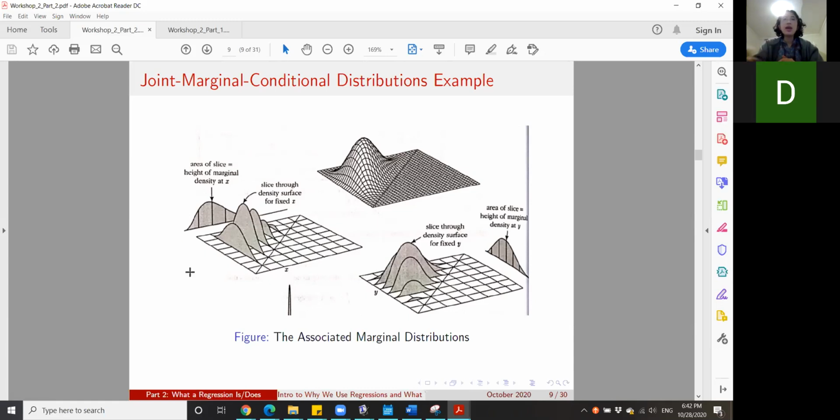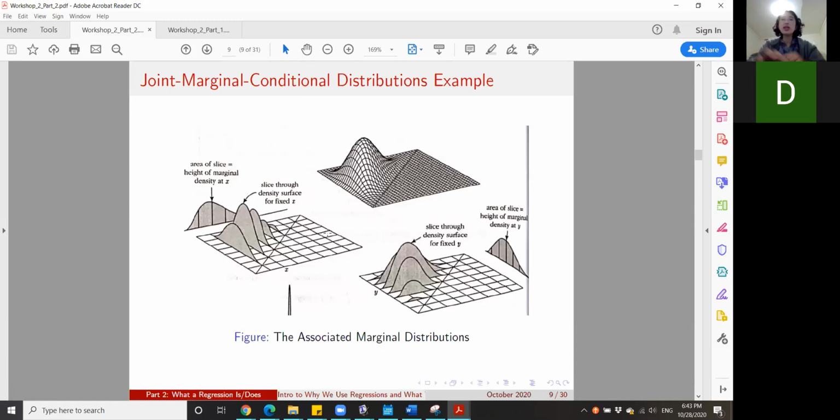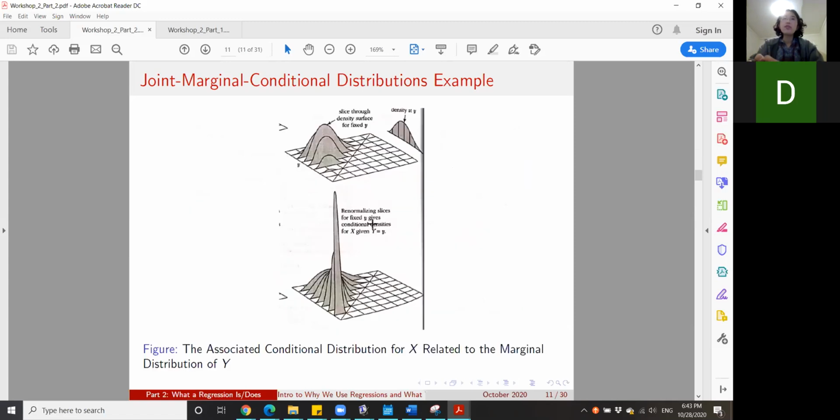Now, to connect this back to conditional densities, you take these slices, but instead of projecting them against the side, you renormalize them. You take a fixed y, and for that fixed y, you renormalize so that the area sums to 1. Now you have your conditional distribution of x given that fixed y.